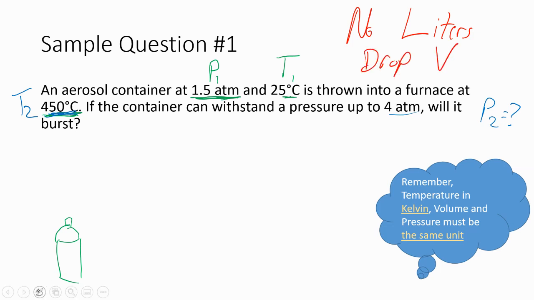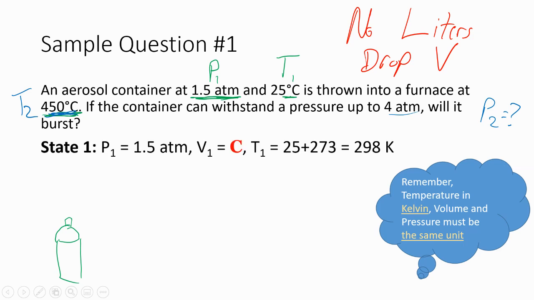So in our setup of P1, V1, and T1, our T is the temperature, but we have to put it in Kelvin, because everything needs to be in Kelvin. That's why we added 273.